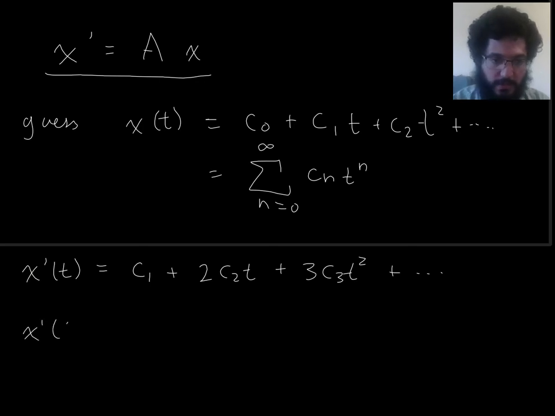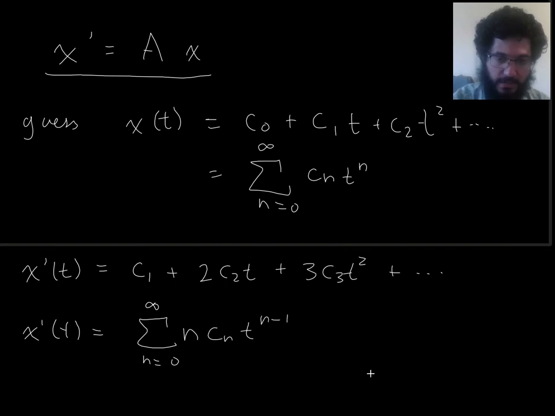So if I write it in this form, the derivative is the sum of n cn t to the n minus 1, right? And n comes down. And I can say that the sum just starts at 1, since the 0 term of the sum is 0, since I'm multiplying by 0. So I could take the sum to start at 1 or at 0.